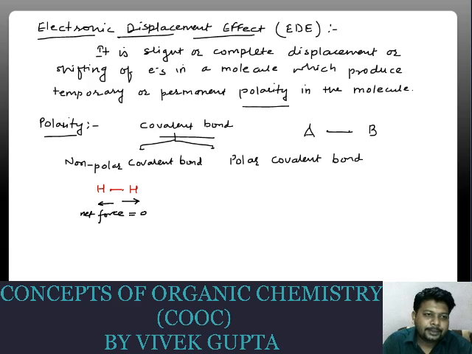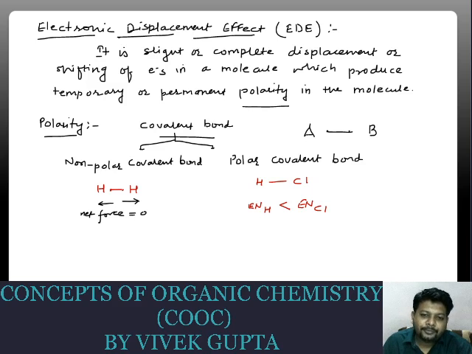On the other hand, let's say there is a formation of a covalent molecule between H and Cl, that is the molecule of hydrogen chloride. Now the electronegativity of hydrogen is less than the electronegativity of chlorine, means the electron pulling power of chlorine is greater than that of hydrogen.